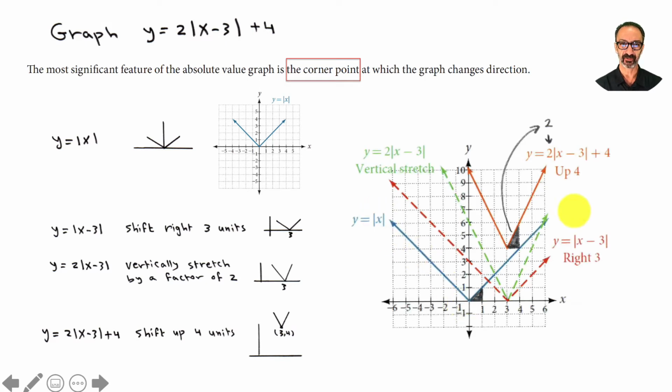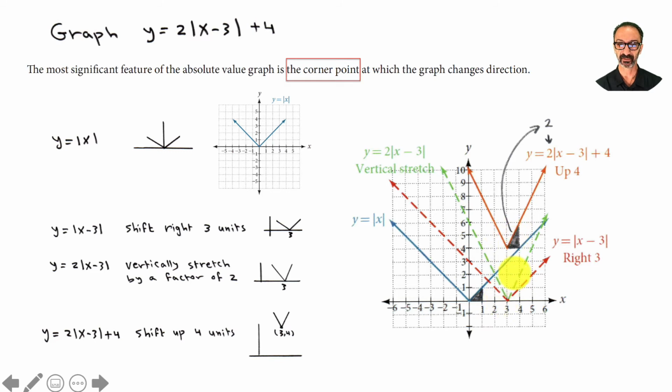Notice the first graph right here is centered at 0, 0. And look at this right here. That's 1, 1, right? You bring it to the right 3 units, it's dashed red. You multiply it by 2, second step. You make it with a slope of 2, like 1 and 2. You could see it when you bring it up.